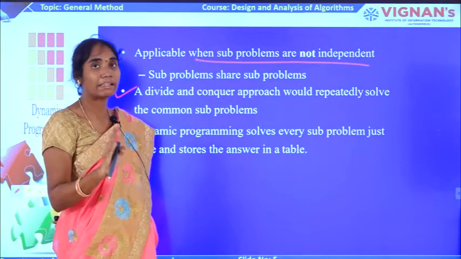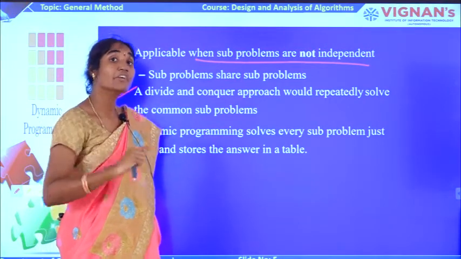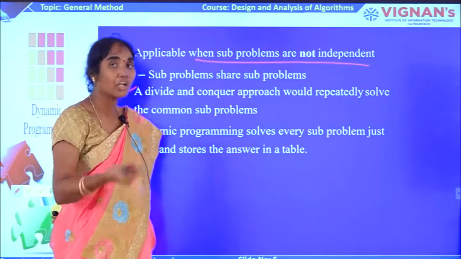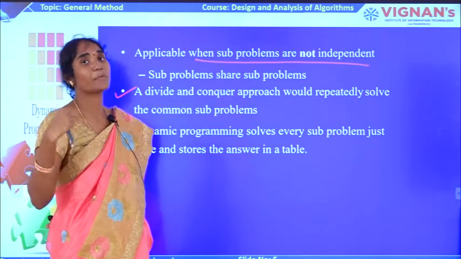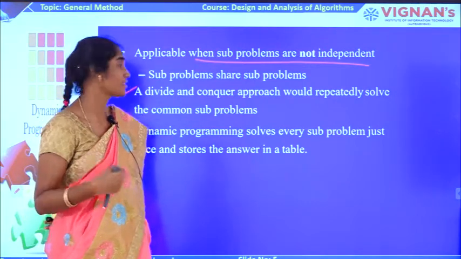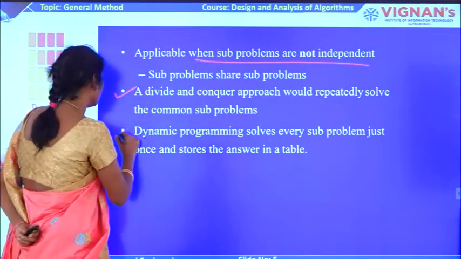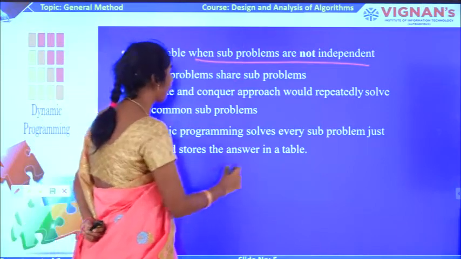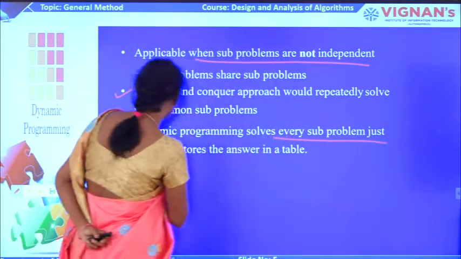I will only calculate once and I will reuse it again and again to find the next subproblem or the next sub-subproblem instance. Now here the dynamic programming solves every subproblem just once.